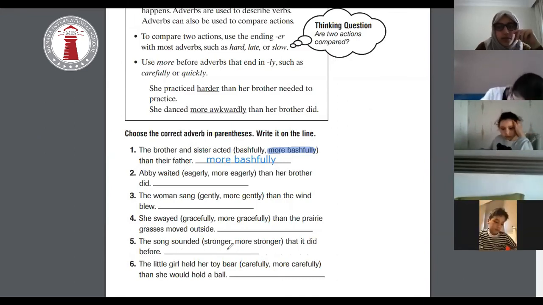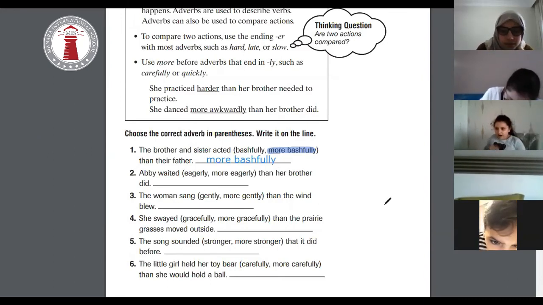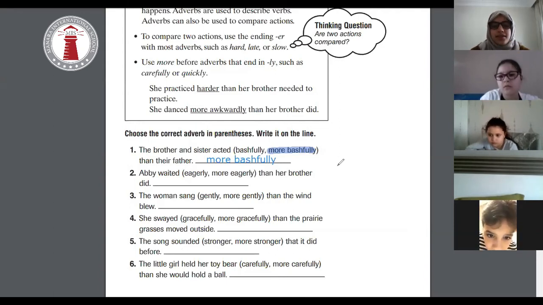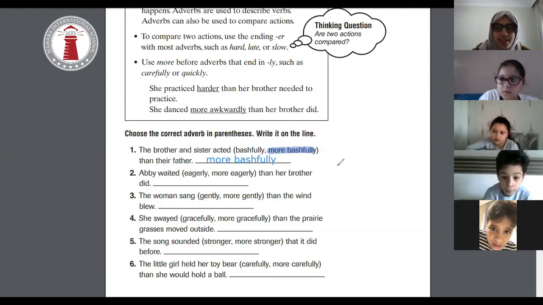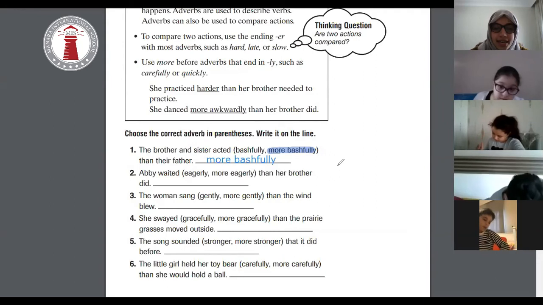Yazan, can you read number 2 for us? Abby waited than her brother did. So is it eagerly or more eagerly? More eagerly. It's more because we are comparing between her waiting and her brother's waiting.